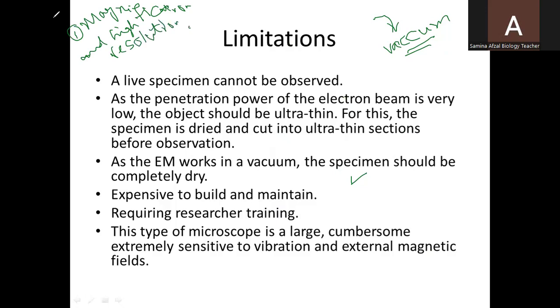It means electrons rather than light waves are used. It can be used to analyze structures which cannot otherwise be seen. So more precise and more detailed structures of these specimens can be observed under this microscope.